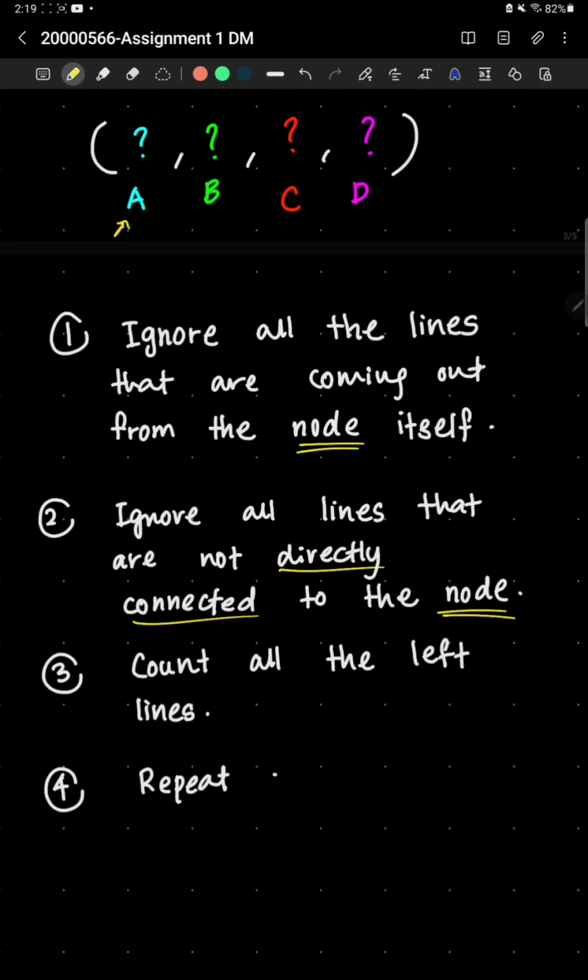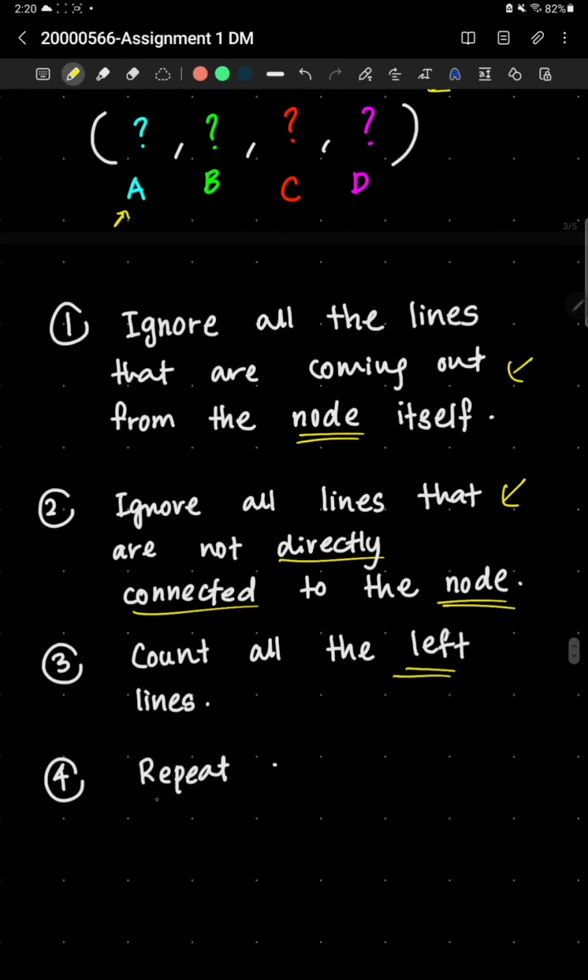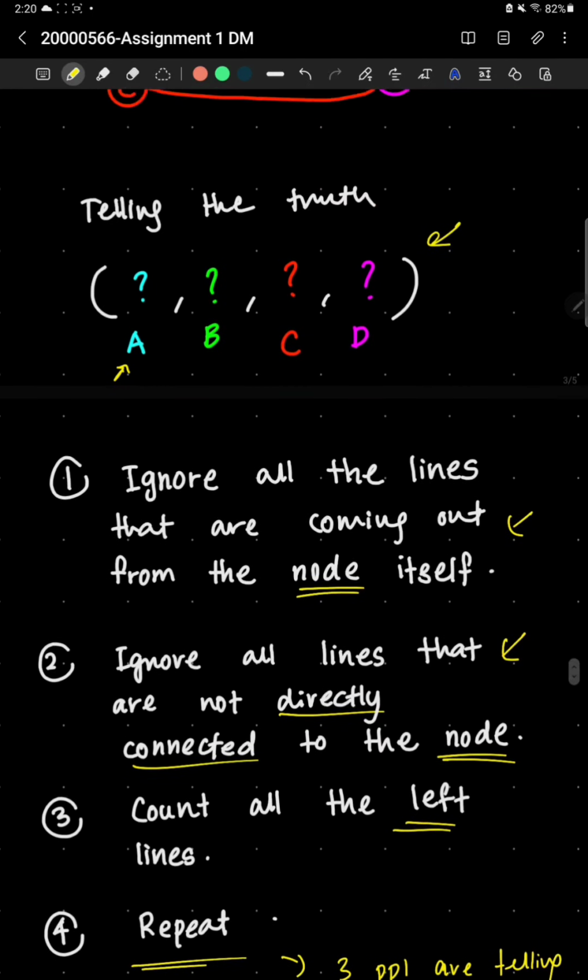The third step is to count all the left lines. After we remove these lines, all the left lines we count and put in here. Then repeat until we find the real suspect, where our target is 3 people telling the truth.